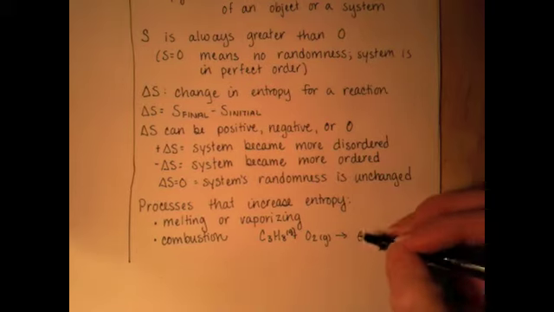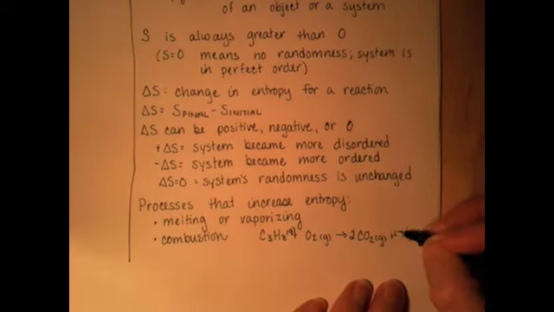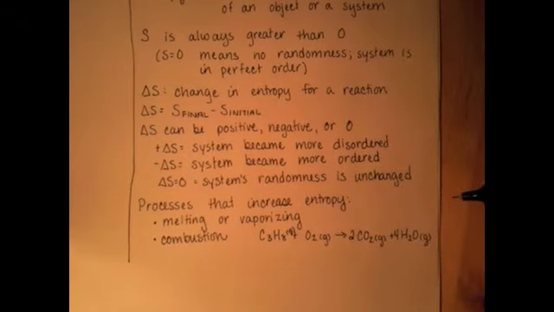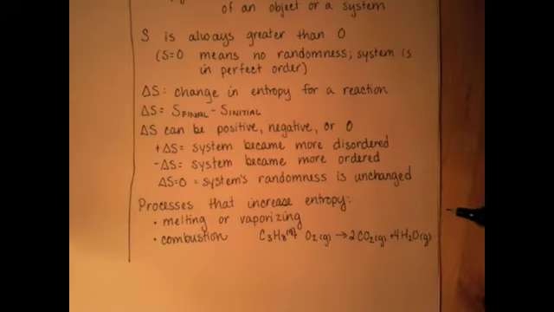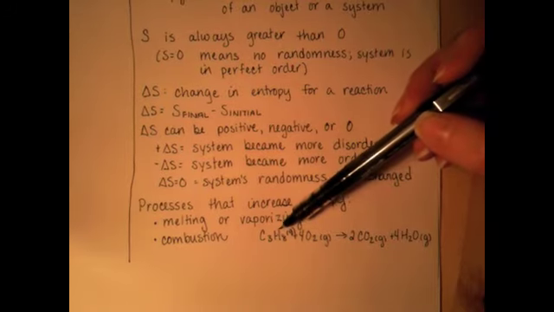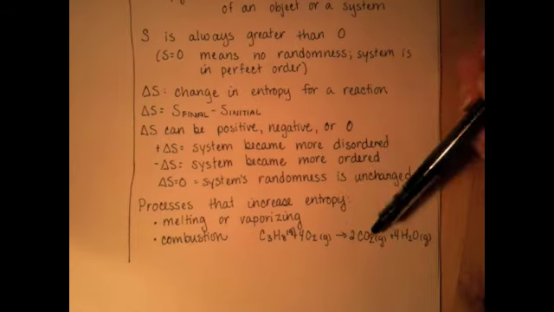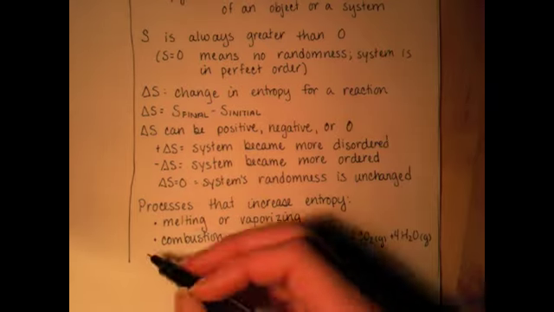If we wanted to balance this, we need a couple of CO2s, 4 waters, and 4 of these. So in this particular reaction, we go from 5 total gas phase molecules up to 6, so that's becoming more disordered. Combustion reactions always have the result of increasing the entropy.